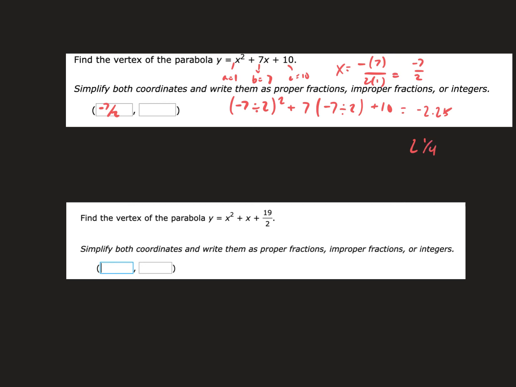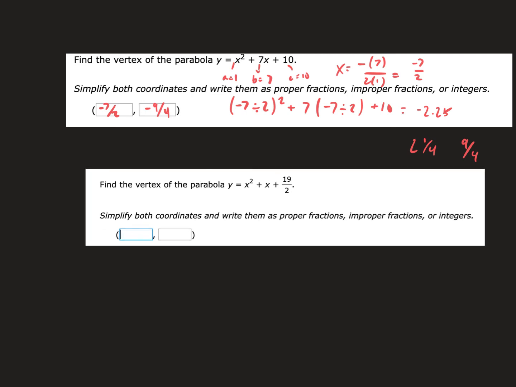Remember how to turn that into an improper fraction. 2 times 4 is 8, and then 8 plus 1 is 9, so that's 9/4, so it's negative 9/4. That's over there. Okay. So yeah, the most frustrating part is having to write everything in fractions.